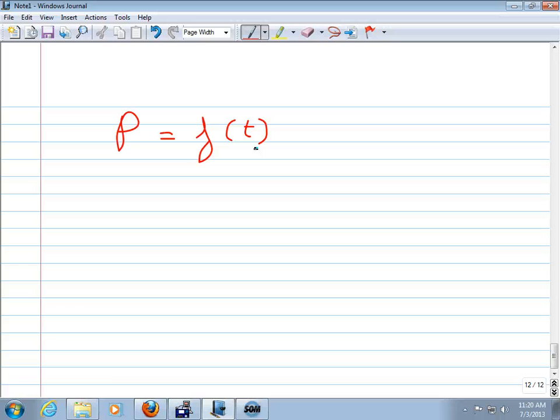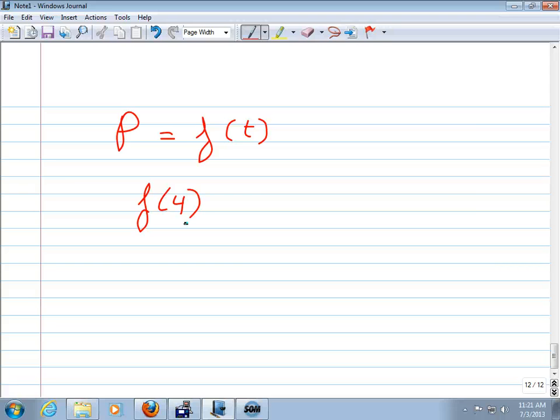Okay? Let me ask you this. What does f of 4 mean? If you calculate f of 4, what do you get? What does it mean? Plug in 4 in place of which variable? P or T?